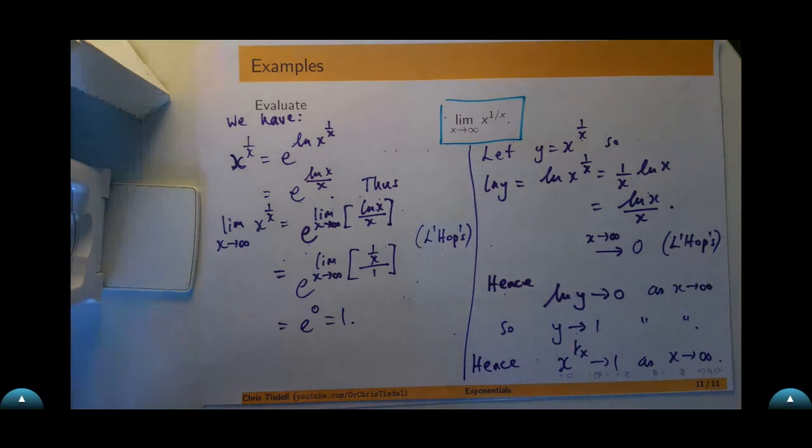Let me ask a question. Which method is better? Method 1 or method 2? Which one floats your boat?